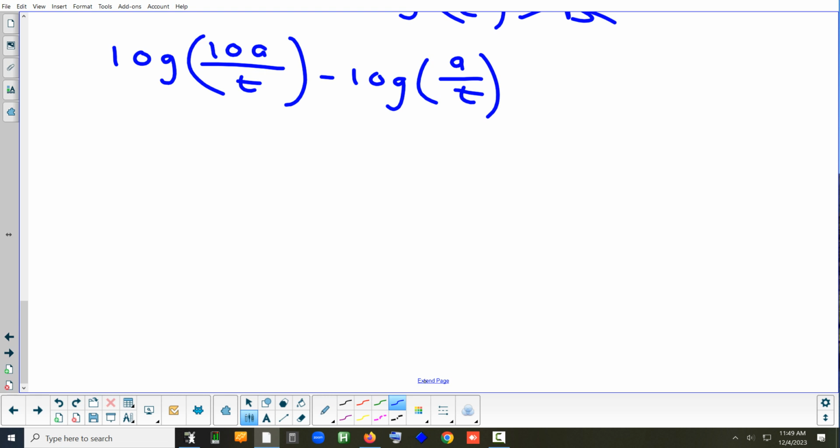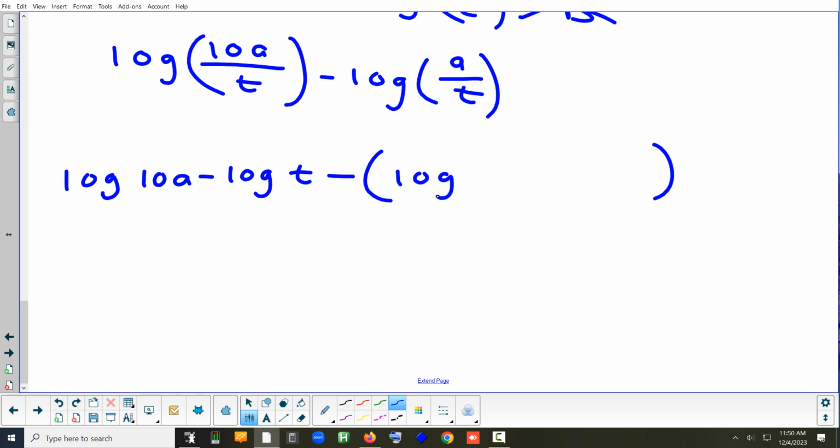Log 10A minus log T. So you can split that up into subtraction: log 10A minus log T, minus whatever we do here. How does log A over T split up? Log A minus log T.